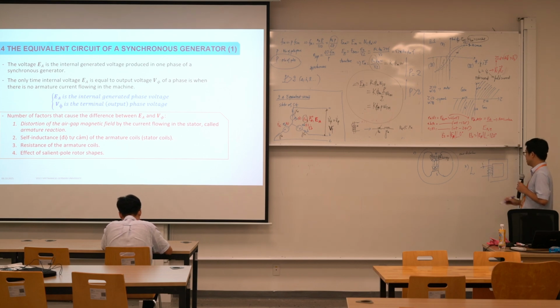This is the current, so we can generate the magnetic field like this. This one is what? Leakage flux. Do you agree with me? Leakage flux. And then we have main flux.